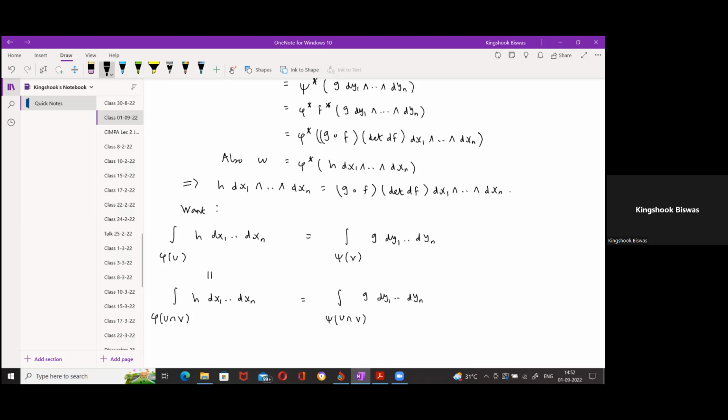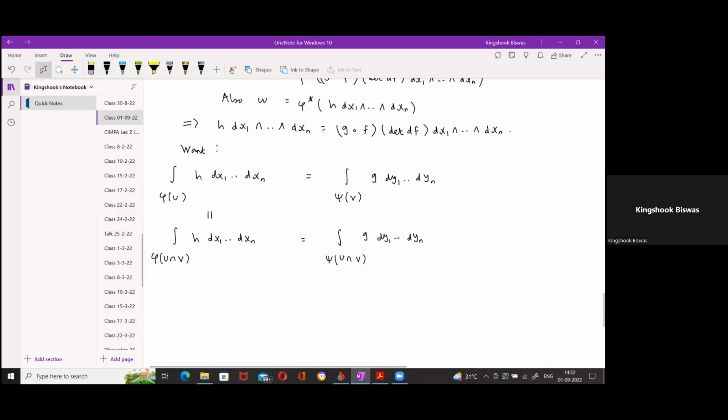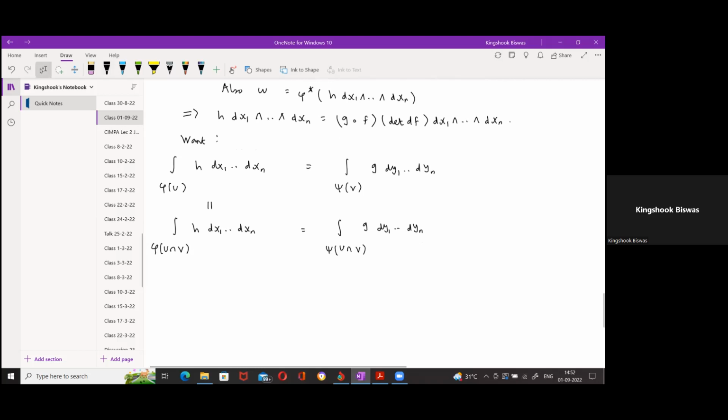And now, let me look at the left hand side first, right? This h is actually equal to what? G composed F times det df, right?